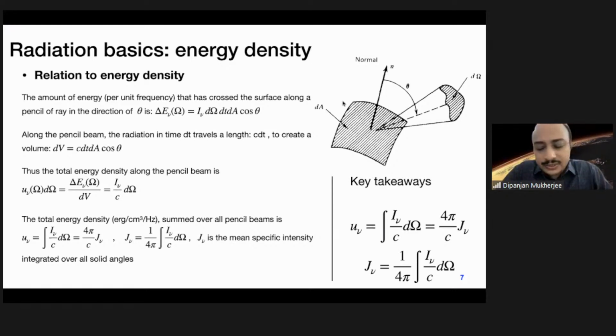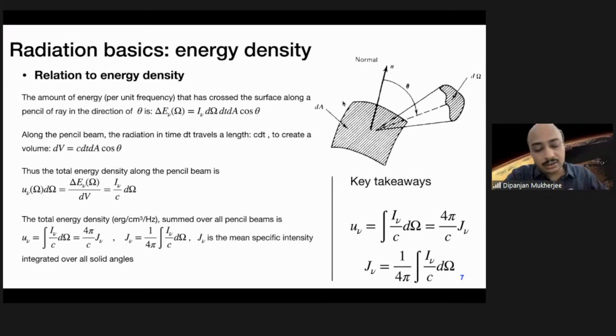But what happens if you have emission along a given direction that is stronger? For example, look at the spherical polar coordinate system. Suppose the emission at theta equals 0 is strongest, but you have no emission at theta equals 90. That means there is a profile in the emission, which depends on how the emission is generated by the physical process. So if you take different pencil beams at different angles, the amount of energy along the given beams will be different.